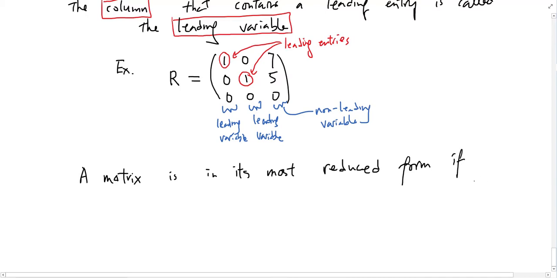A matrix is in the most reduced form if it satisfies the following two conditions.